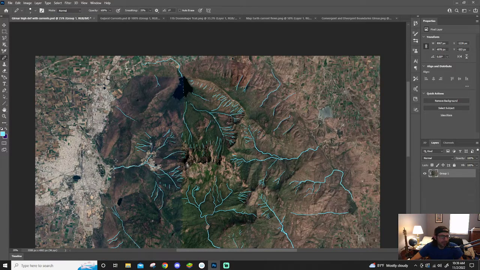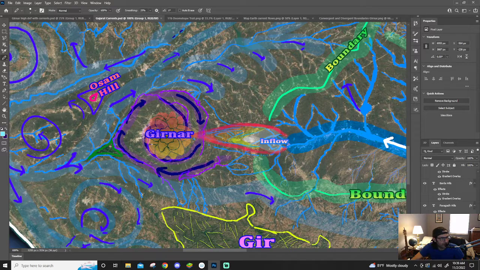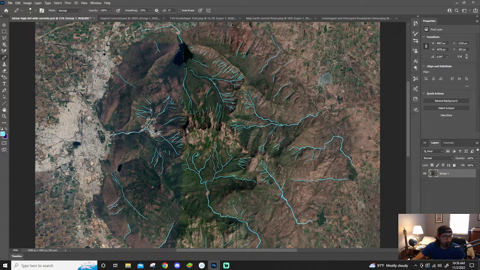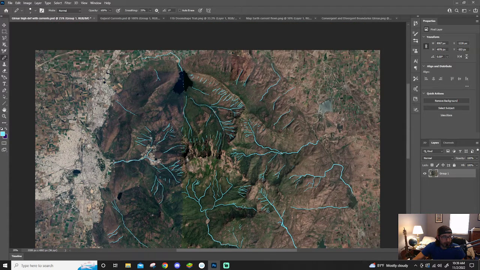But so yeah, that's why I wanted that other one, because the current's coming around. It's wrapping around Girnar, but it's more subtle than this. This is obviously a low resolution current map of Girnar compared to something like this, where we can see actual currents. Now, understand these are considered to just be caused by water.